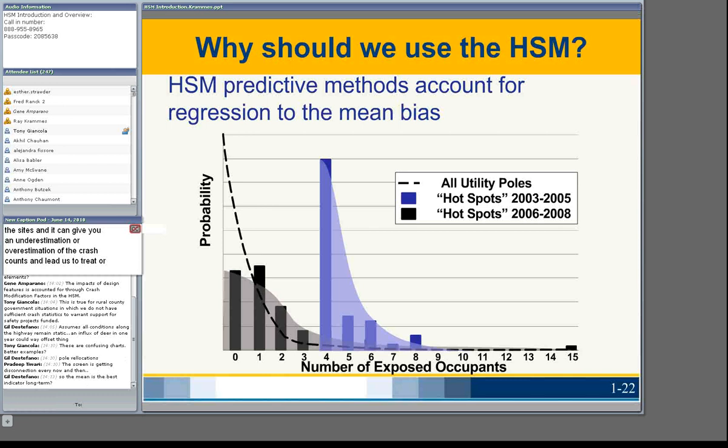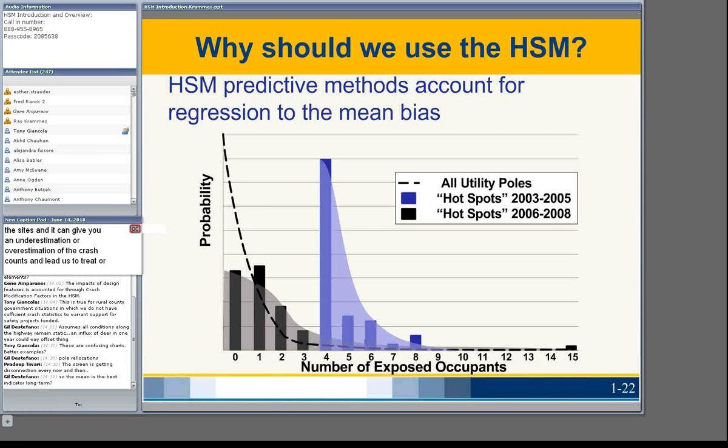Chapter 8 is prioritizing projects. It consists of, and presents 3 methods to prioritize projects. First method is on cost effectiveness.